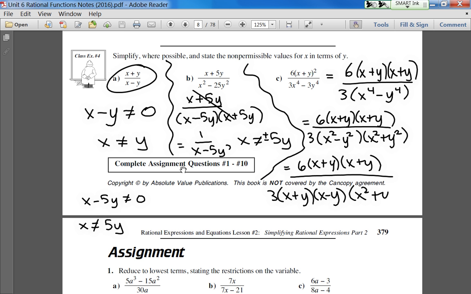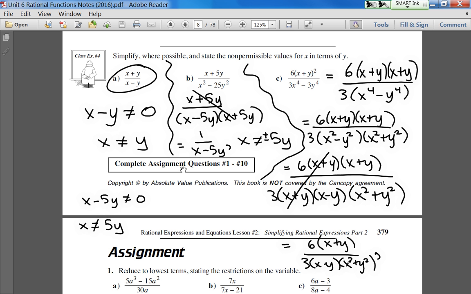And the term with the plus, can I do anything with that? No. So the x plus y's, only one of them disappears. And that's why I wrote out the numerator with 2, so you can see that only one of them disappears, not the whole thing, right? Finish this off. 6 x plus y all over 3 x minus y x squared plus y squared.